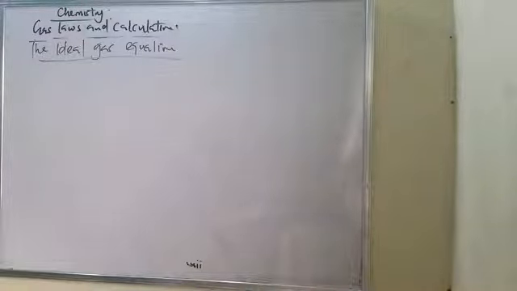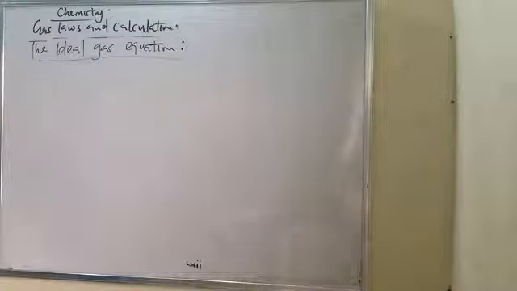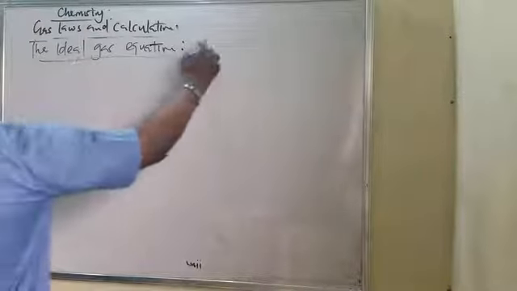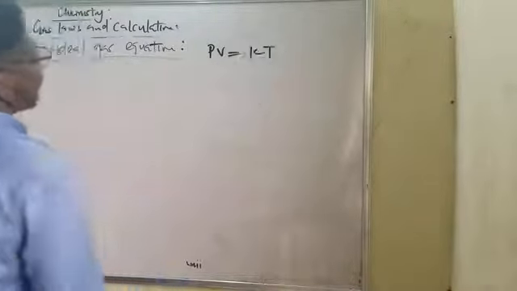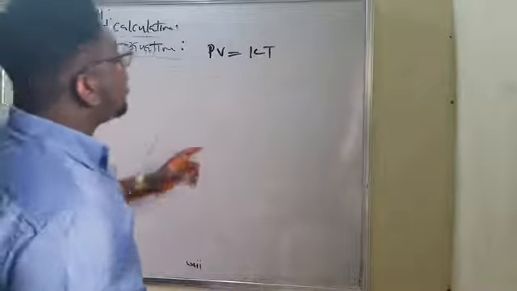A better understanding of the ideal gas equation is from the notation that we had in our general gas law, which says that PV is equal to KT. Where did we get this?